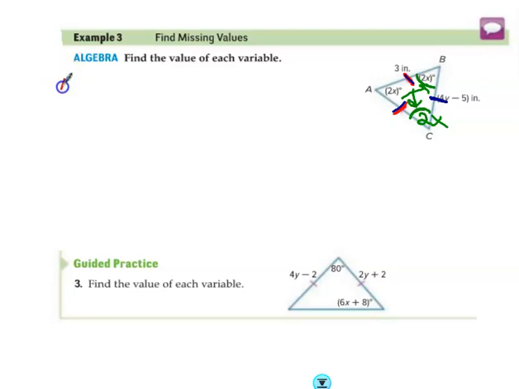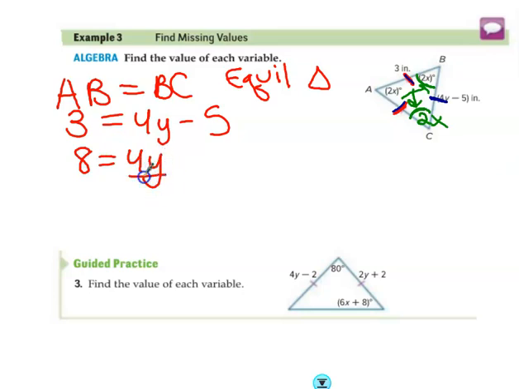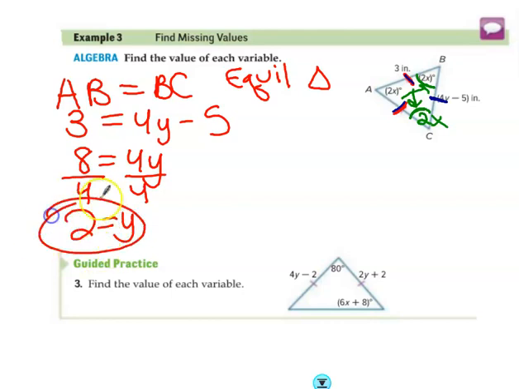If you want to get a little more detailed, AB equals BC because of equilateral triangles. So AB is 3, BC is 4y minus 5, and solve. The opposite of minusing 5 is adding 5, so that's 8. 4y, and then I divide by 4 on both sides, and y equals 2.